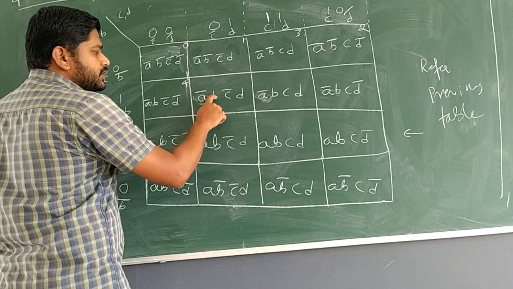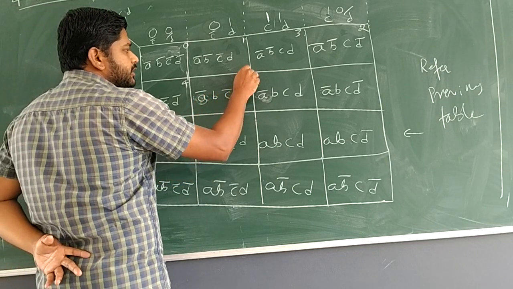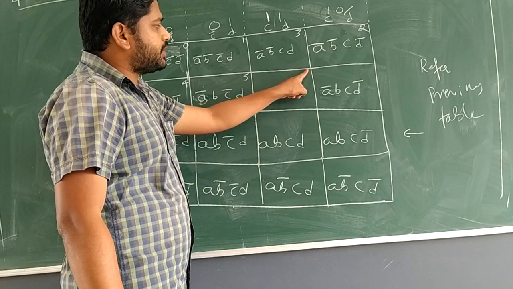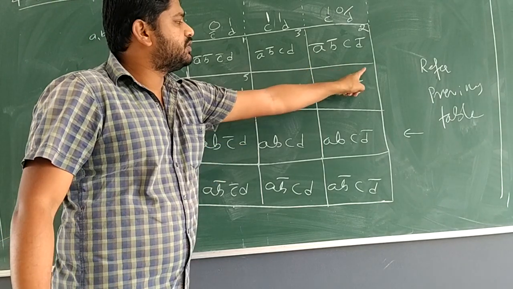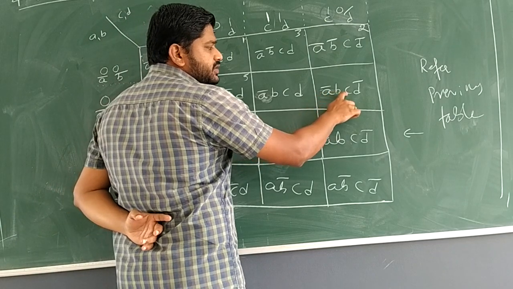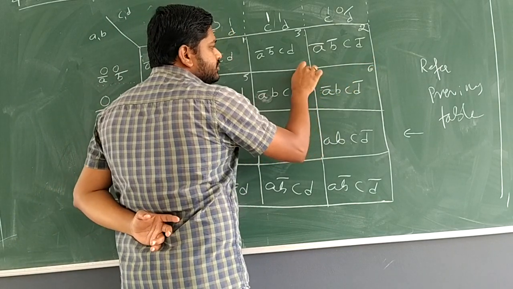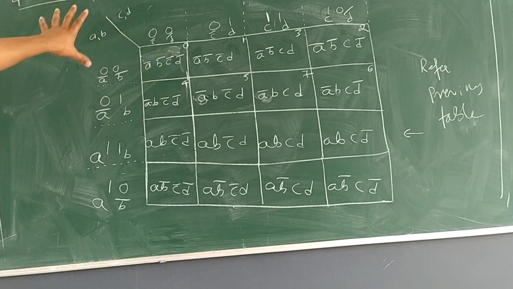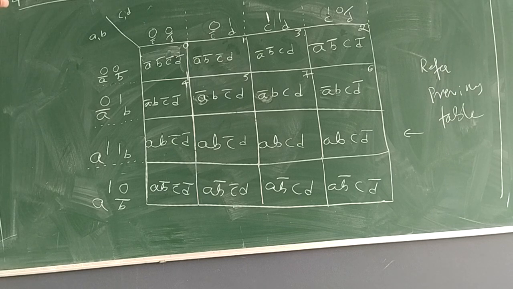So A complement B, C complement D, that is 5. Don't expect 6 to be here, because A complement B, C, D complement is next, and that is 7. If you take only the first and second row, neglecting B, it will become a 3 variable K-map with A, C and D variables.